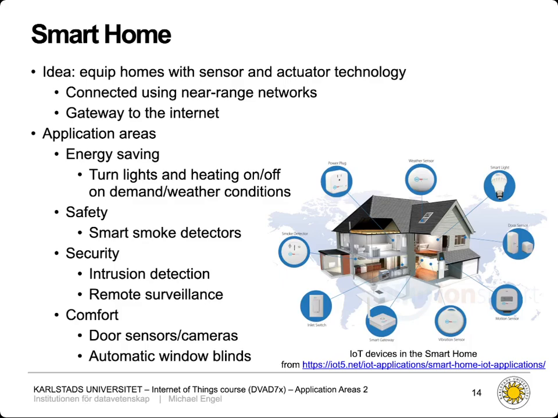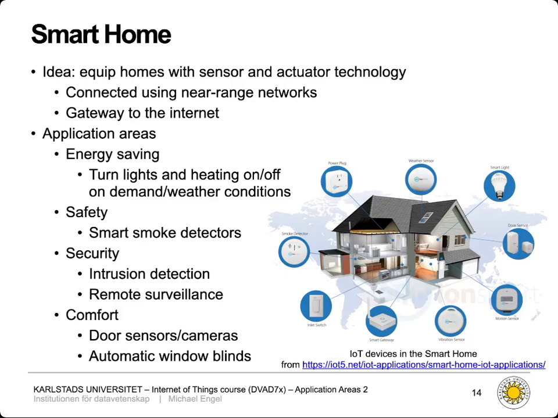So your house is nice and warm without having the heating running all day. And of course, you can also monitor external weather conditions. So if you figure out a snowstorm is incoming, you can turn the heating on in advance. So it's nice and cozy at home.